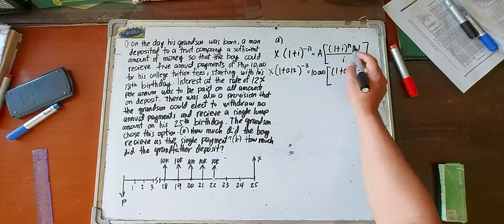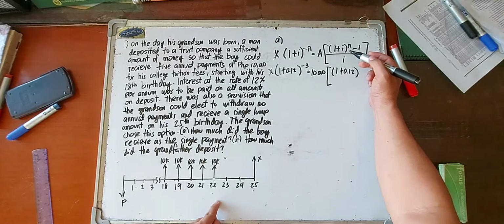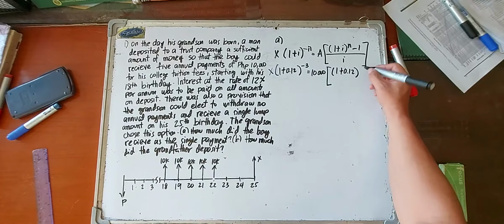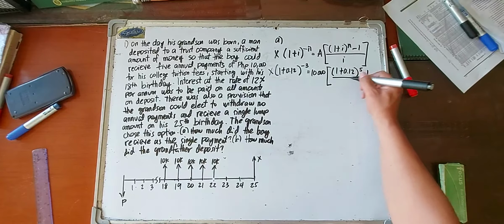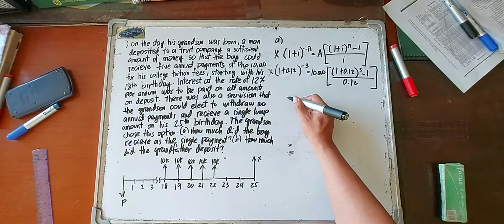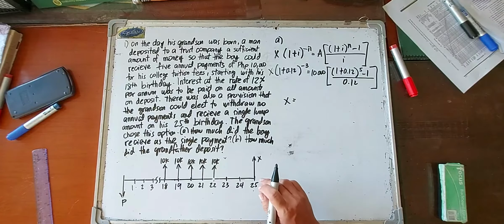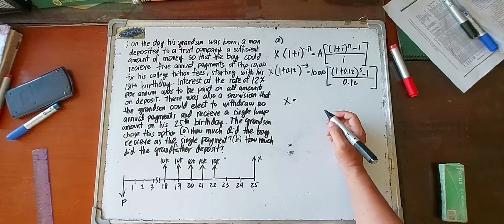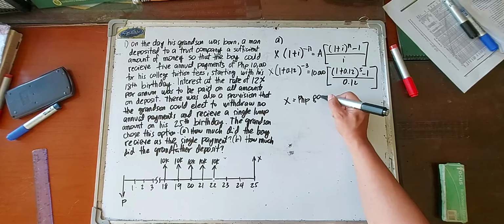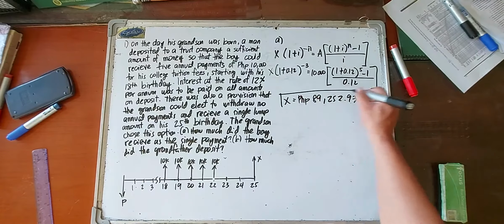The n here would be from 18 to 22nd. Ilan yan? 5, minus 1, over 0.12. So we have one and only equation. We can solve for the value of x. That x again is the value of the lump sum amount, and that is equivalent to 89,252.931 pesos.